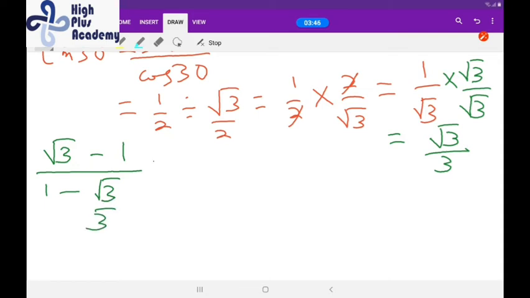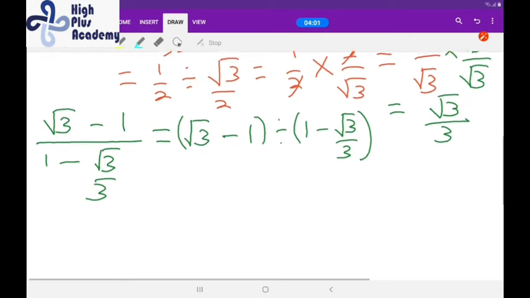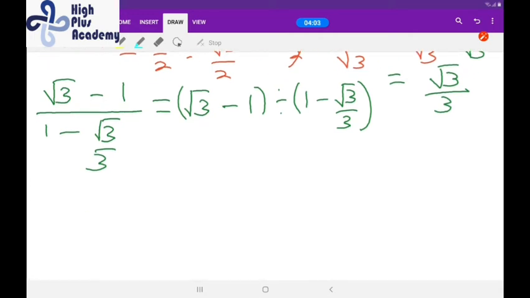I prefer using root 3 over 3. We can simplify this by saying root 3 minus 1 divided by 1 minus root 3 over 3. Very good. So let's move on from here. That will now be equal to root 3 minus 1.